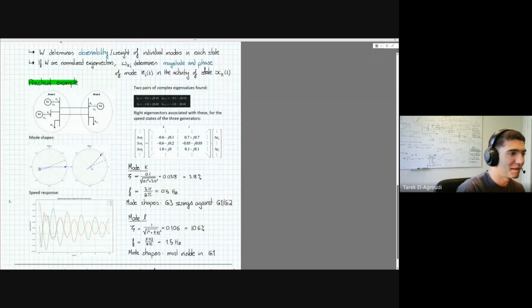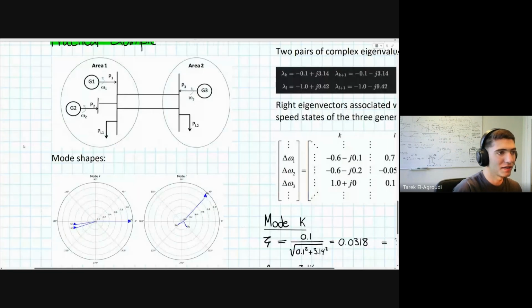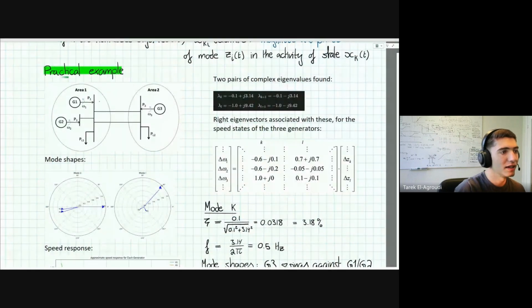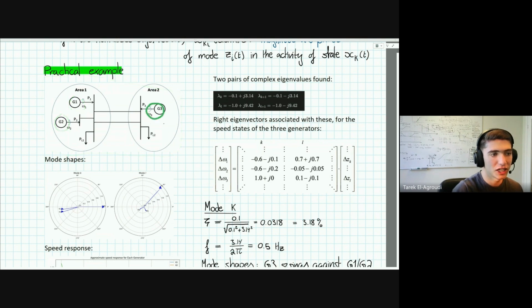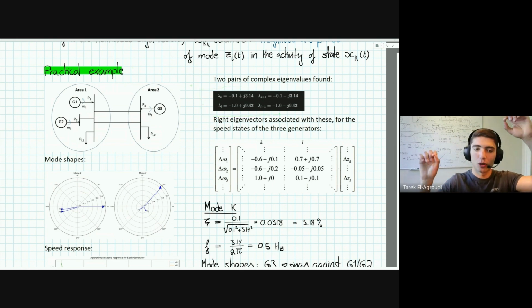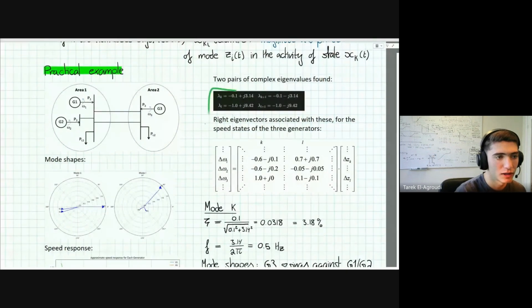Here is an example of how that would look for a simple system. If you have a power system with 2 areas, in the first area you have 2 generators, in the second you have a third generator, and of course there are multiple characteristic modes in the system, but let's say that 2 of them look like this. Here you have one set of complex conjugate eigenvalues and another set of complex conjugate eigenvalues.